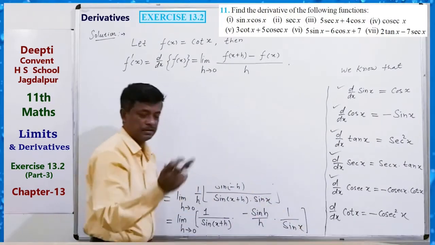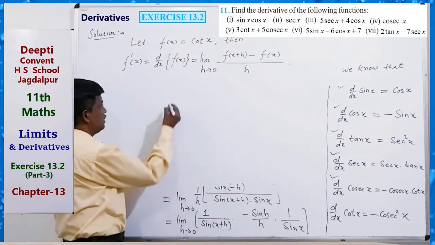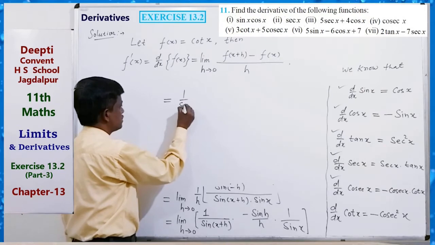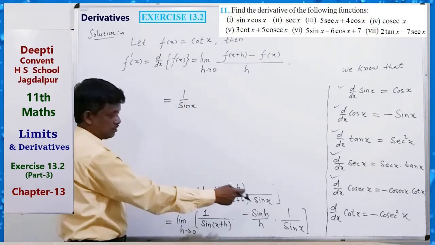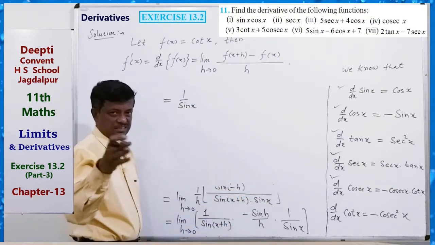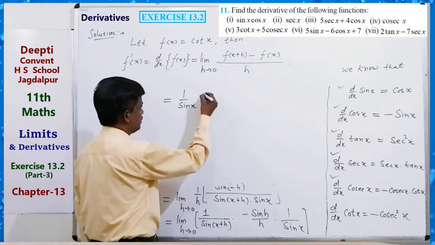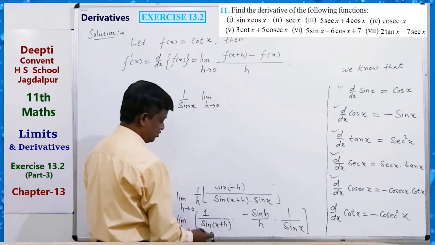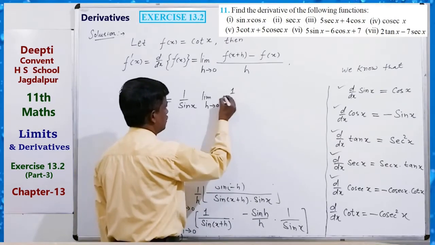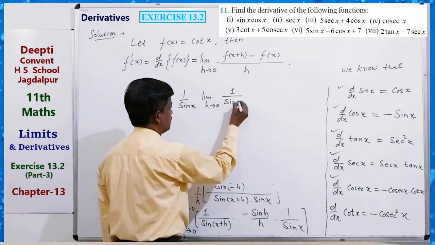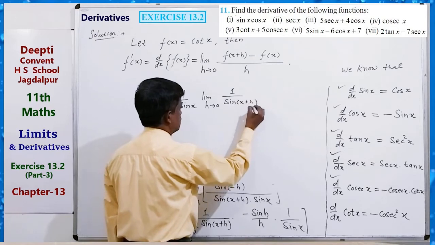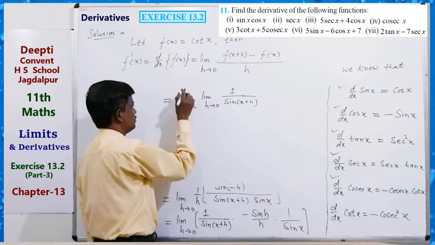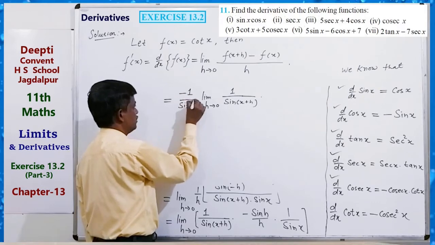Just see here, after this line, 1 by sin x, last value because x, so we can take outside, limit h tending to 0, here 1 upon sin x plus h, and minus sign is there, so you can write minus 1 here.